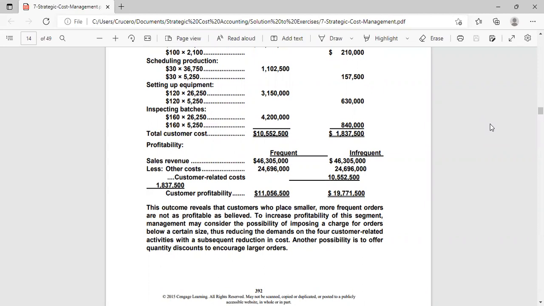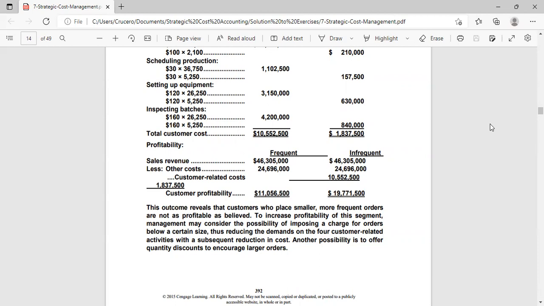For the customer-related cost, 1,837,500. So we now get the difference for the customer profitability of 11,056,500.